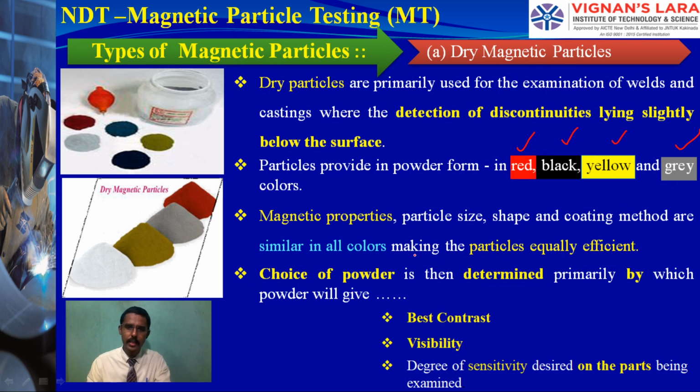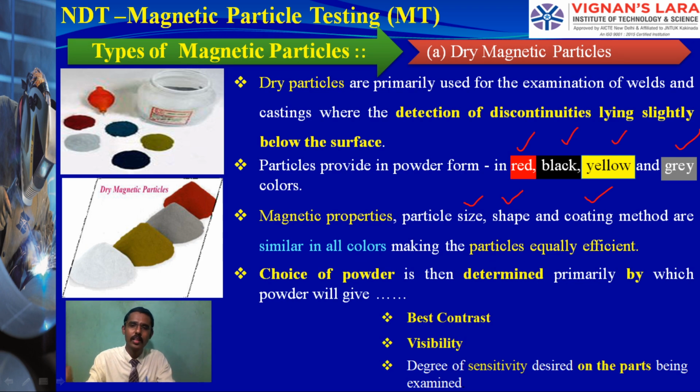The magnetic particles contain some property variations depending upon size, shape, and coating methods, which are all common. Magnetic properties, particle sizes, shapes, and coating methods are similar in all colors. There is no difference, only the color differs.